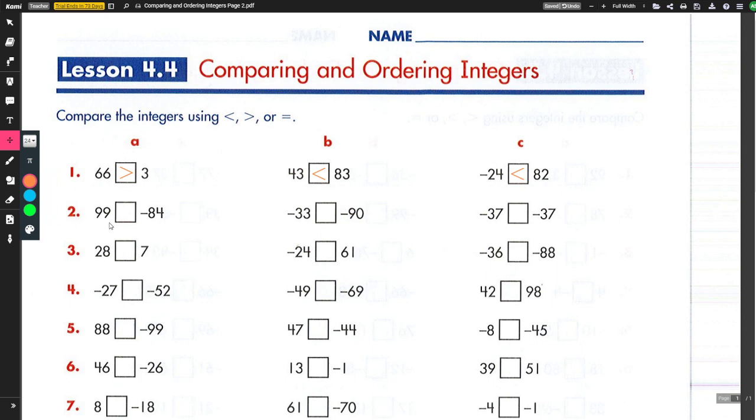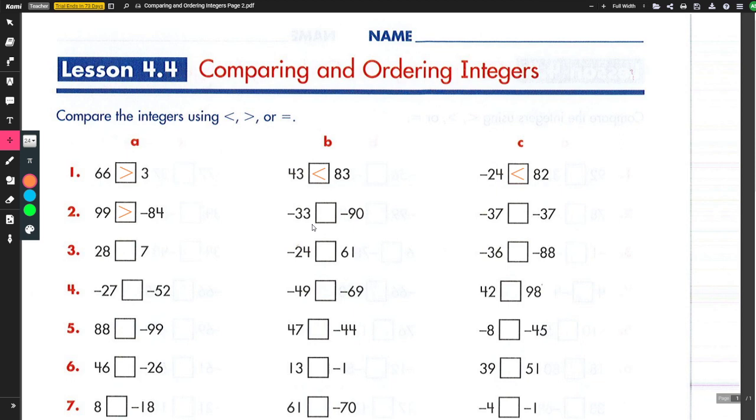Okay, here, again, we have a positive and a negative. Automatically, the positive is bigger. Now here we have a negative and a negative. Now, with the positive and the positive, the bigger number, 66, is always the bigger one. However, here with negative numbers, the negative 90 is actually smaller than the negative 33. Some examples I gave last time is think about temperature.